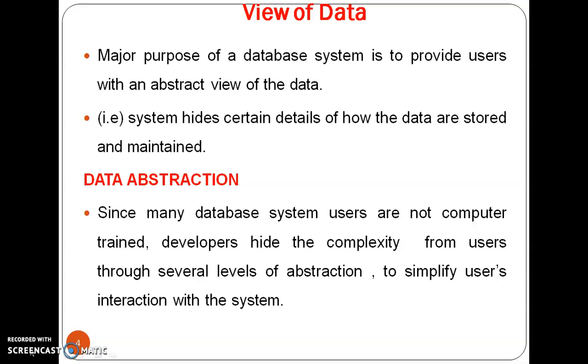So these details will be hidden from the user. That's where the term data abstraction comes into the picture. Since many database system users are not computer trained, the developers will be hiding the complexity from the users through several levels of abstraction to simplify the user's interaction with the system.